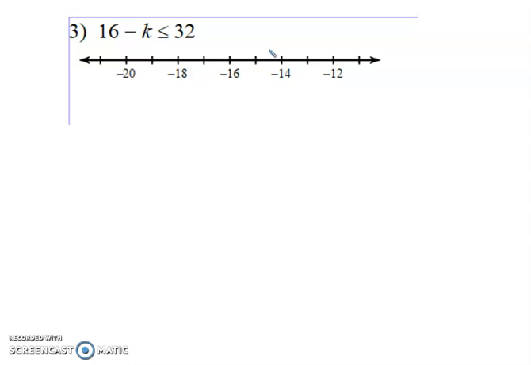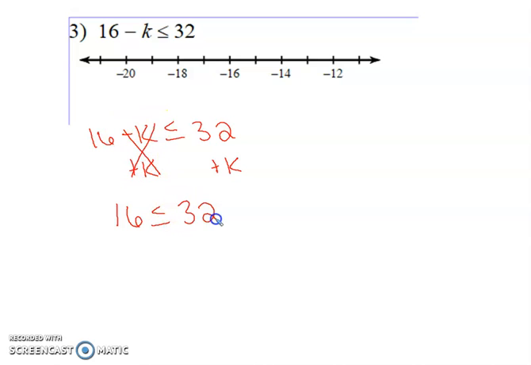Number 3. 16 minus k is less than or equal to 32. Yesterday we learned if it's got a negative k, or a negative any variable, the first thing we should do is move that. We do not want a negative variable. Okay? So 16 is less than or equal to, so this cancels. I can't combine 32 and k.